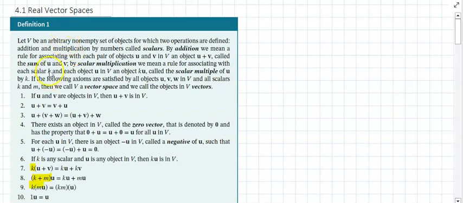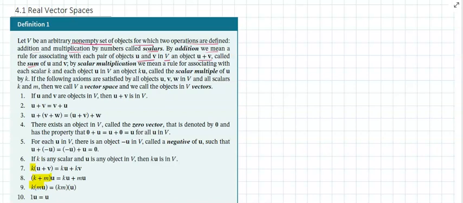All right. Let V be an arbitrary non-empty, so that's important right there. You want it to be a non-empty set of objects, right? And for which two operations are defined, addition and multiplication by a scalar. By addition, we mean a rule that associates each pair of objects U and V in V, and U and V are called the sum of U and V. And this is going to be defined in every problem.